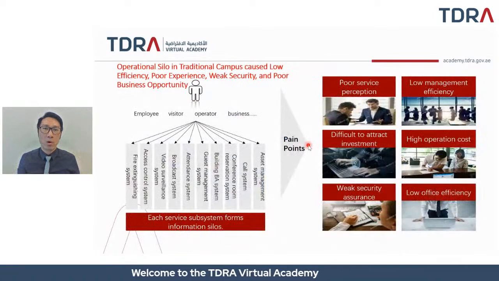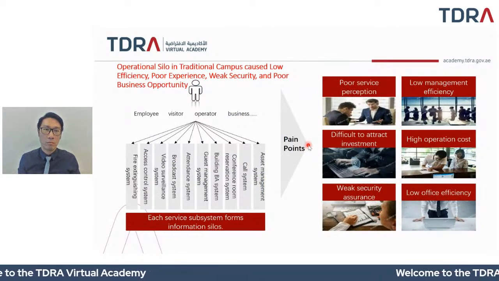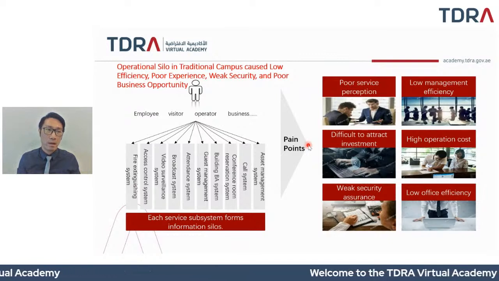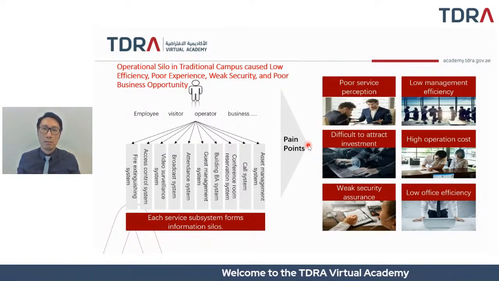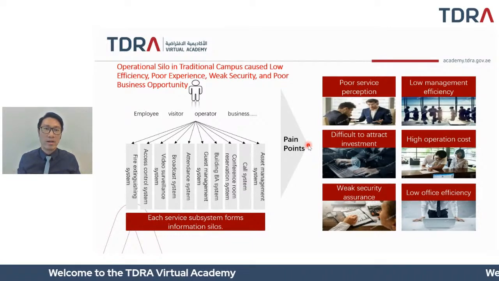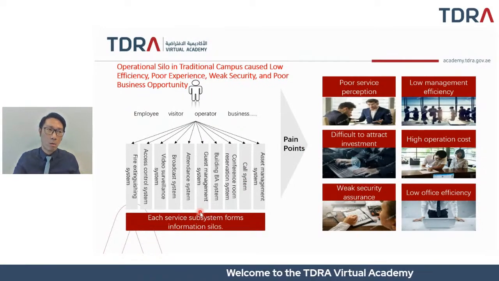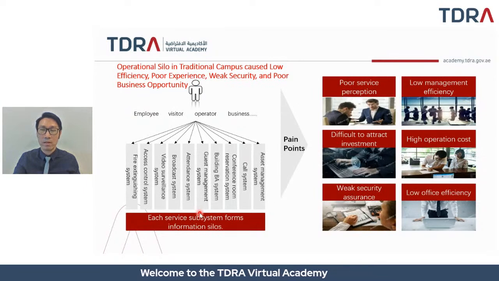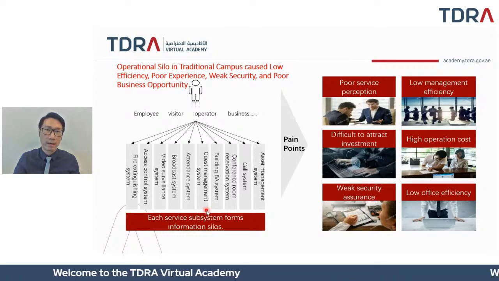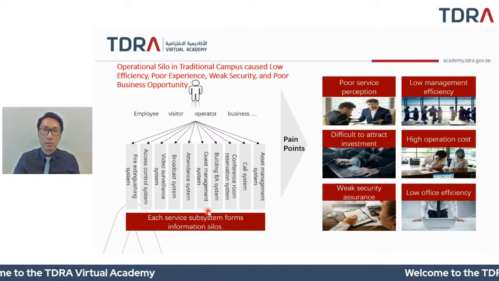So what is the problem of the traditional campus now? So we have the campus now, the office building, the university campus, the shopping mall. So what is the problem now? The problem we are facing is all the system or the applications, the service we're providing now is all silo.